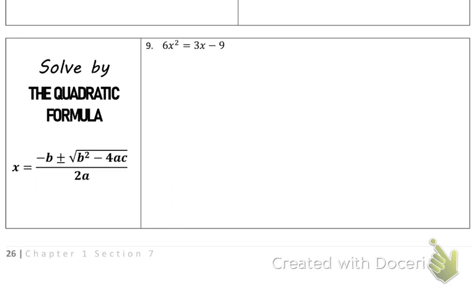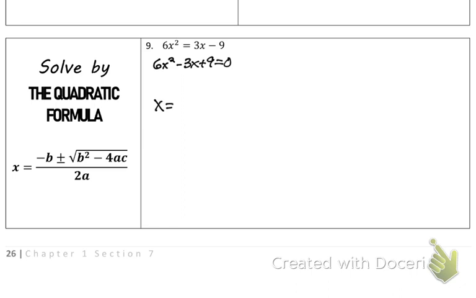All right, in order to solve by the quadratic formula, A, you have to know the quadratic formula. And B, you have to realize that everything must be on the same side. So I have to have 6x squared minus 3x plus 9 equals 0. Noting that my A is 6, my B is negative 3, my C is a positive 9. The quadratic formula says x equals negative b.